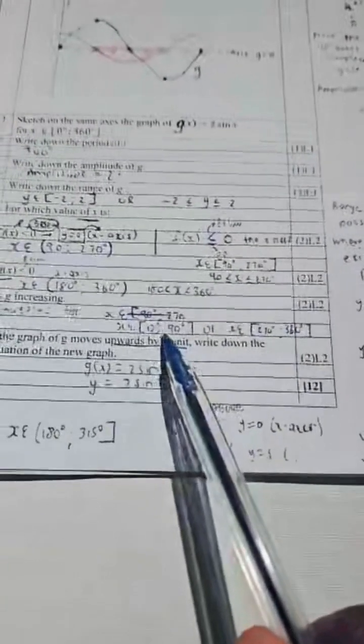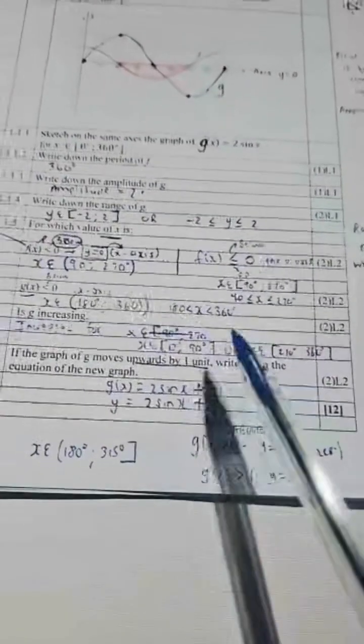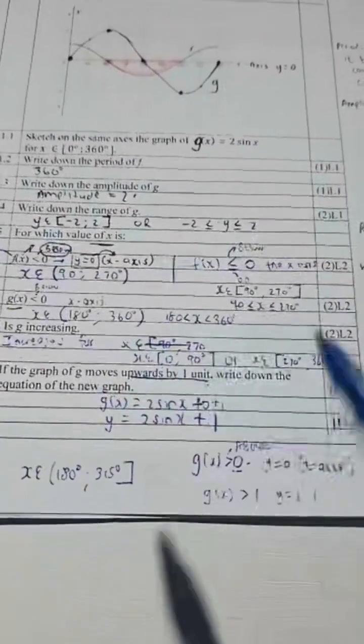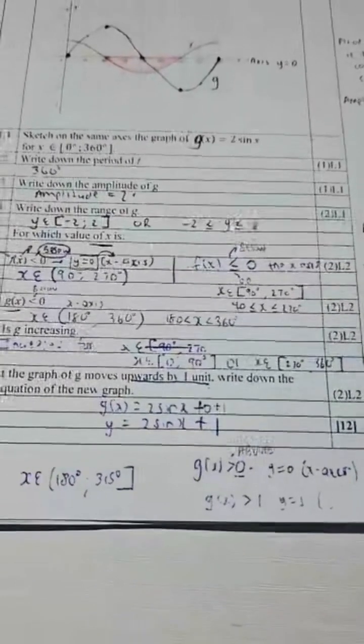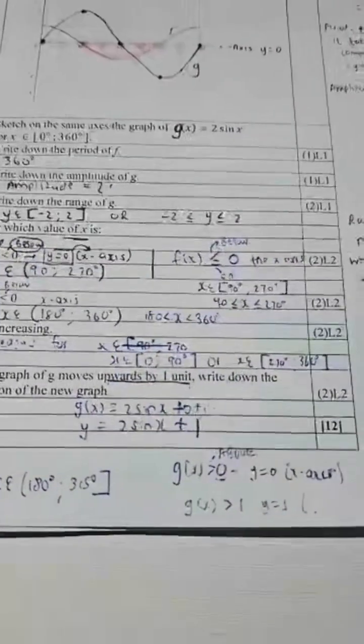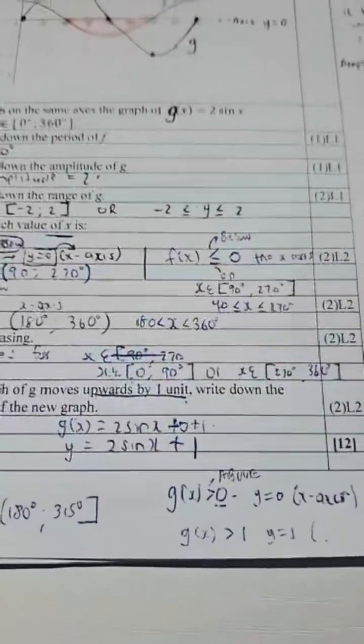So whether you include it or don't, it doesn't matter, especially pertaining to our syllabus within CAPS. If you include it, you'll be marked correctly. If you don't include it, you will be marked correctly.